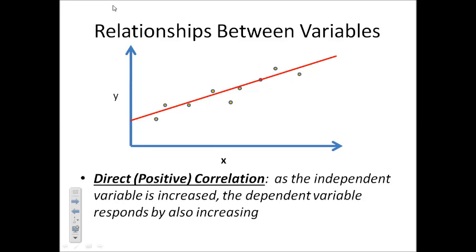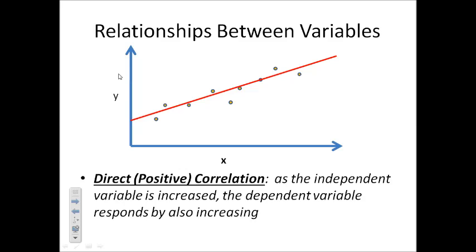So what kind of relationships can we have? If you remember back from your math class, we have things like direct correlations, or direct relationships. These are sometimes called positive correlations or positive relationships as well. Essentially, if we look down here, our x-axis, these are our independent variables, that's what we're changing.